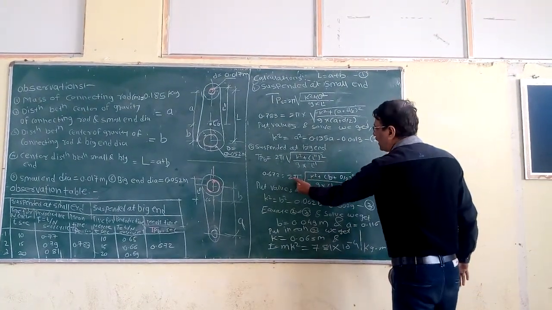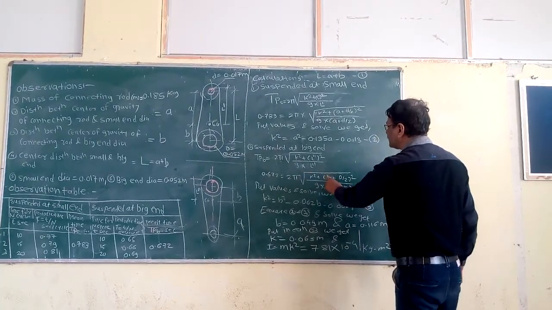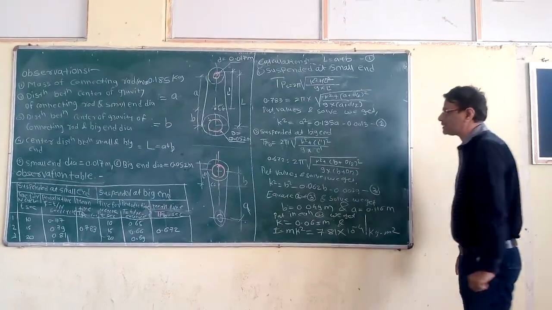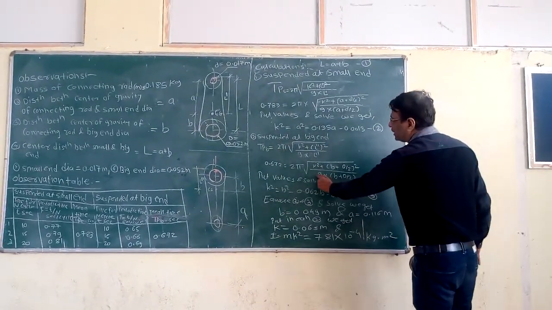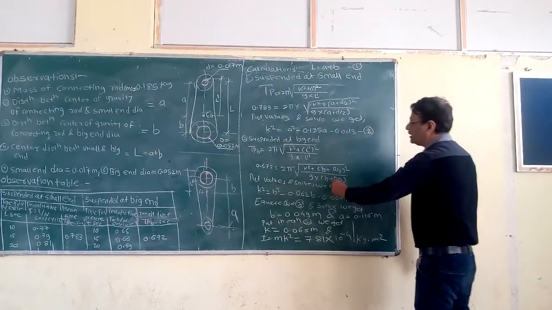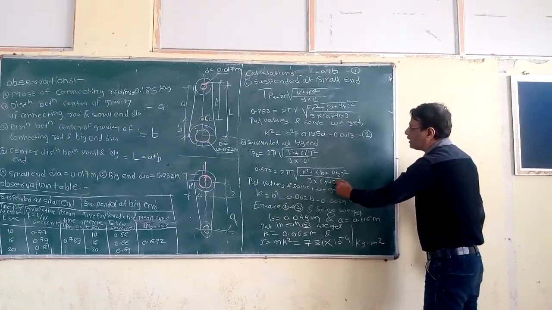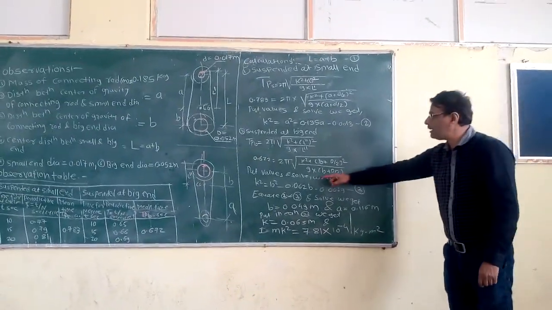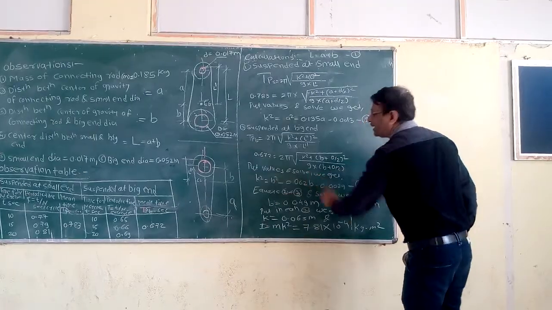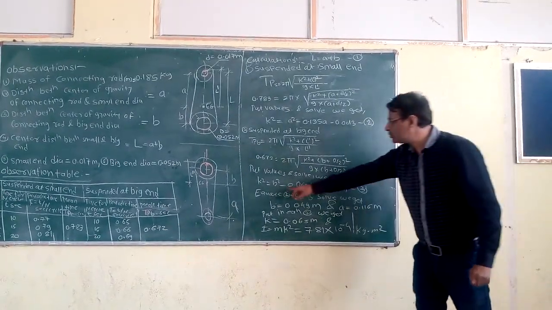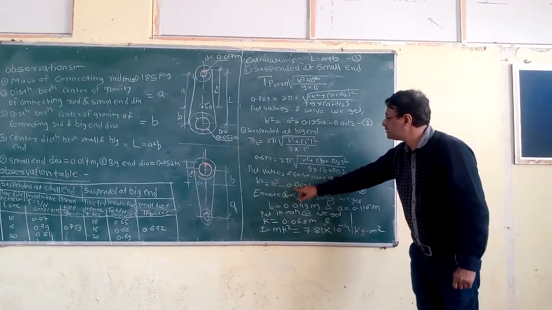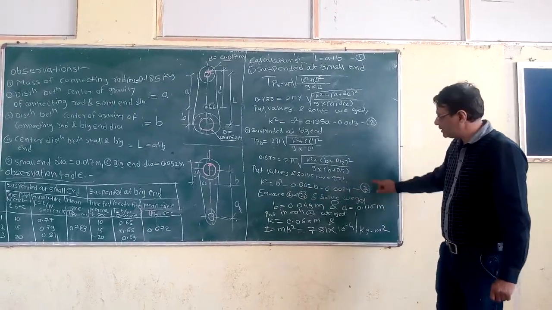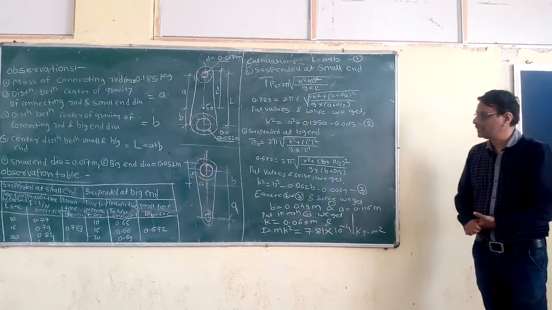It is equal to 2 pi into the root of (k square plus (b plus 0.052 divided by 2) whole square) divided by 9.81 into (b plus 0.052 divided by 2). Solving this equation, you get k square is equal to b square minus 0.062b minus 0.0029. This is equation number 3.